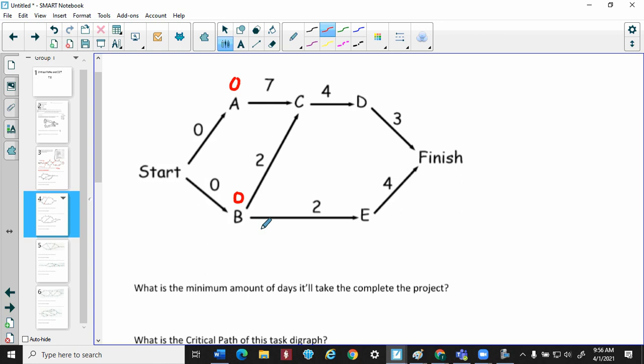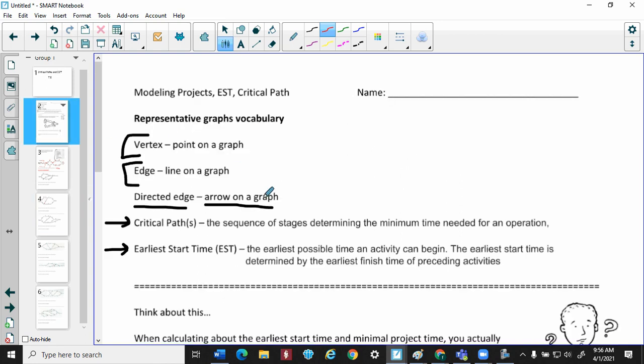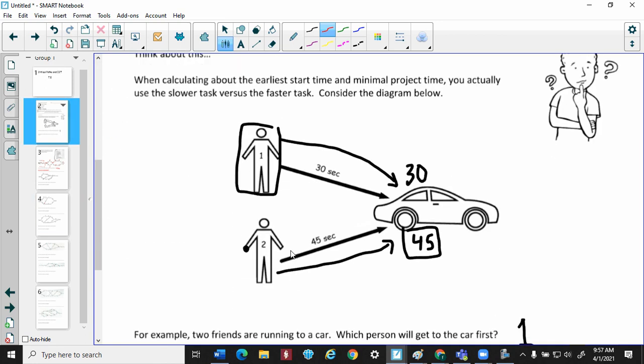Okay? Now, notice where C is. A and B are both pointing to C. What that means is both of these tasks must be completed in order for C to get started. Now, this is where you need to pay attention to what we went over here, and that is, you have two friends.